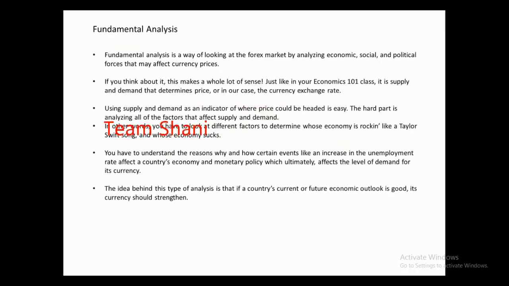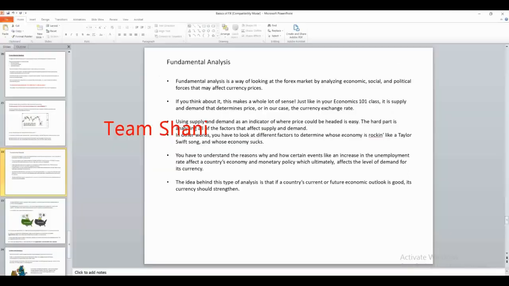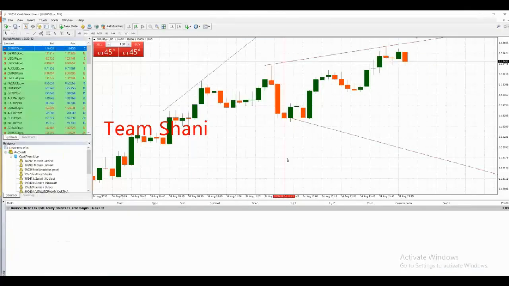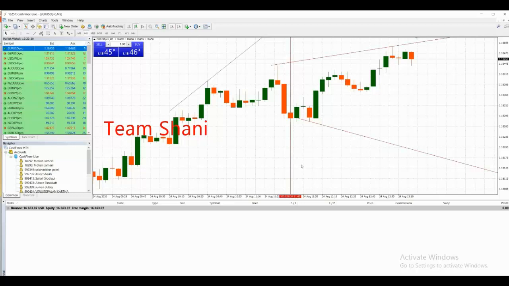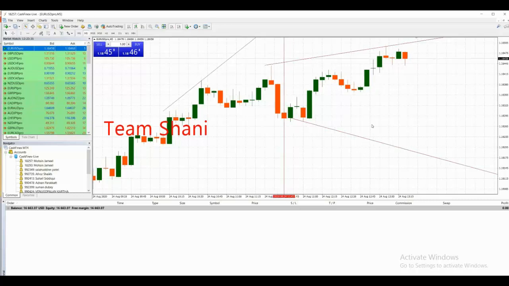Then comes the fundamental analysis, right? So technical analysis, more or less, we have touched base. But as I said, when you are looking at a chart, technical analysis is basically more about the upward trend and the downward trend. So technical analysis will help you to understand what the next trend in the market will be for any given pair, right? And you have to play around with certain lines to understand how many times it has touched down, what the lowest points were.